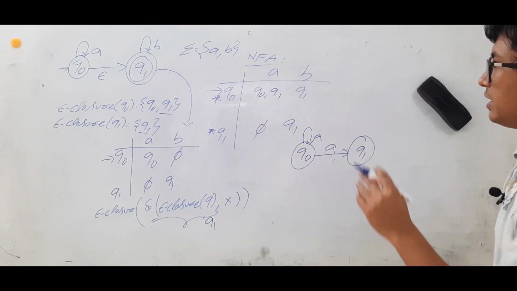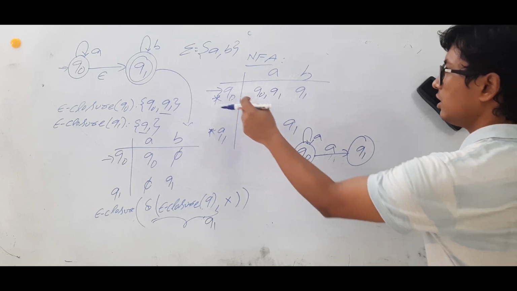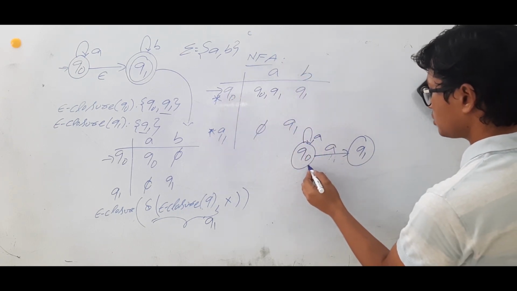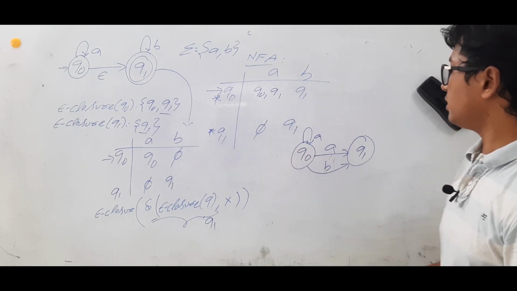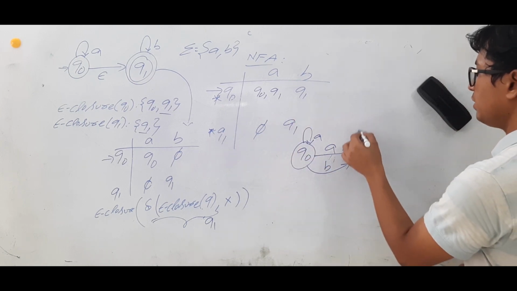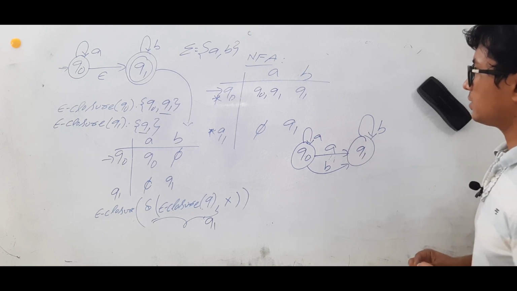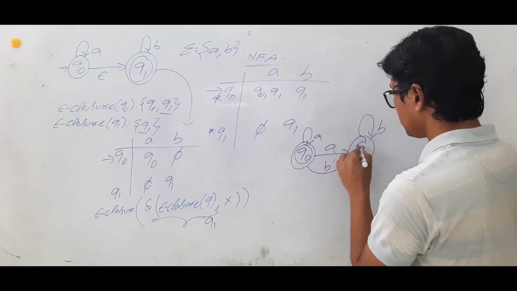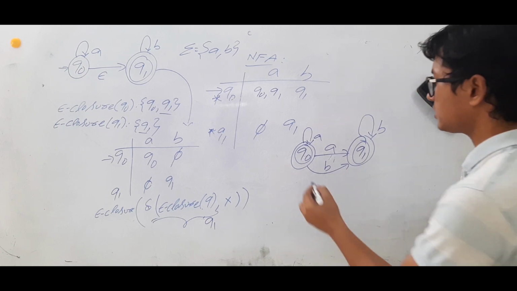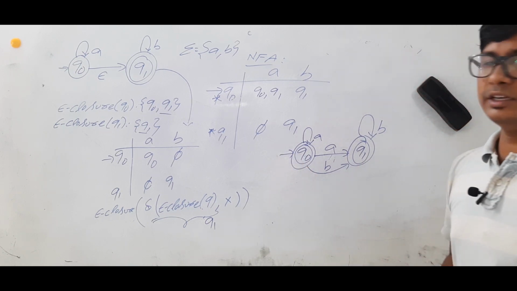Q0 comma Q1, that's why I did not represent it as one state. Q0 on B is going to Q1. Now Q1 on A is not going anywhere. Q1 on B is going to Q1. Now which are acting as final states? These two states are acting as final states, and Q0 is the initial state.